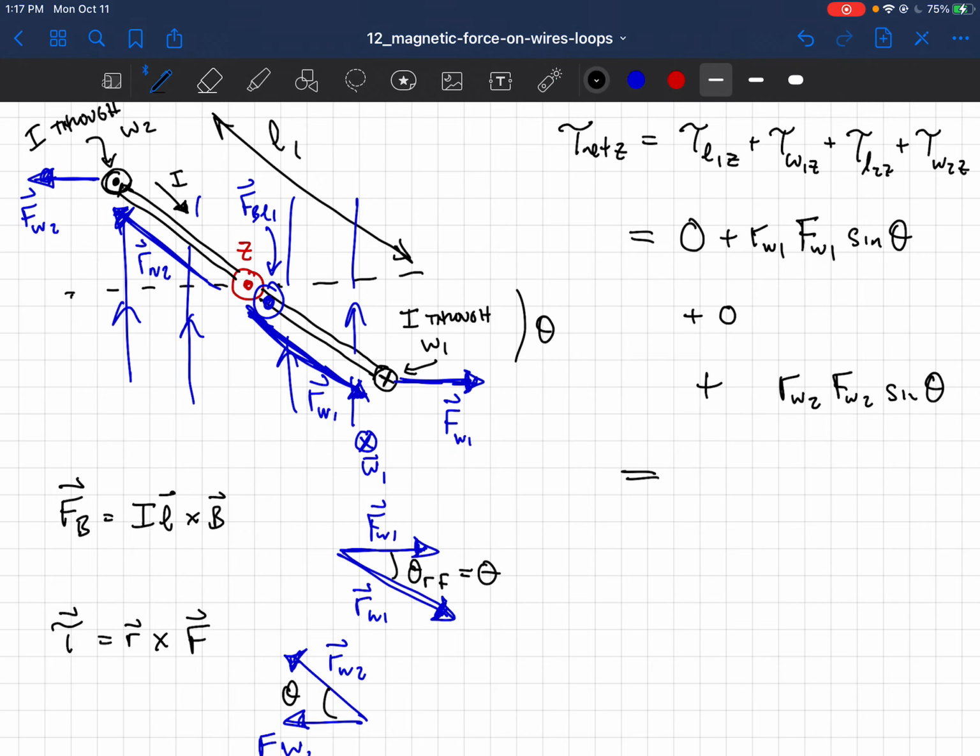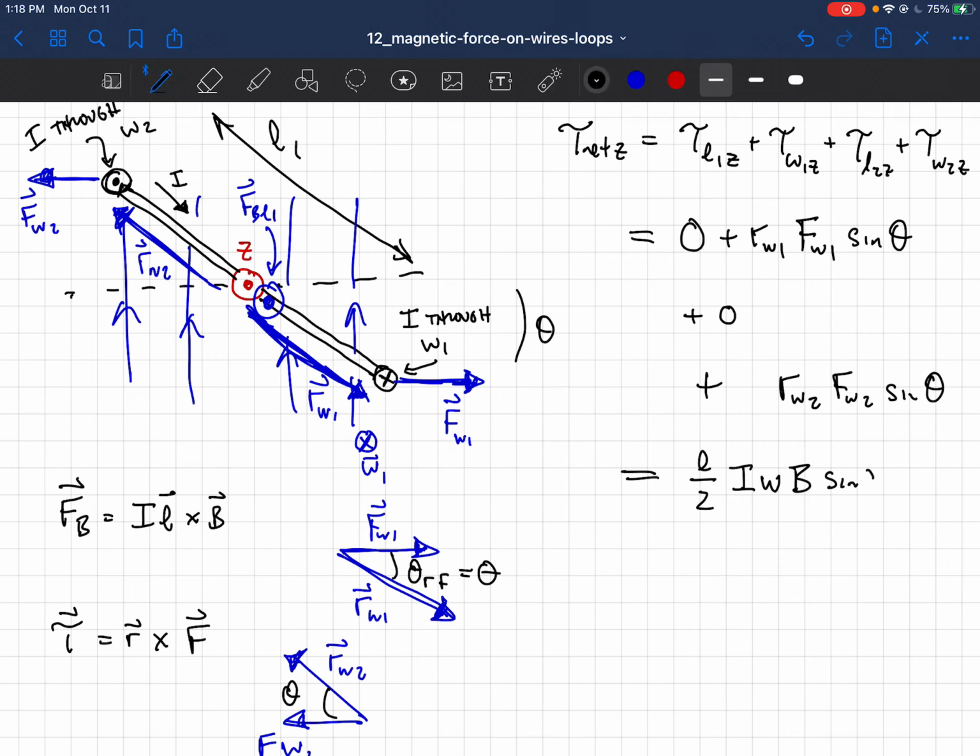And they will have the same values because R_W1, what is that? That's L over 2. And the force on W1 is going to be I W B, and then we have the sine of the angle between W and B. Well, W is a vector that points into the page, and B is a vector that points along the page, so that angle is 90.